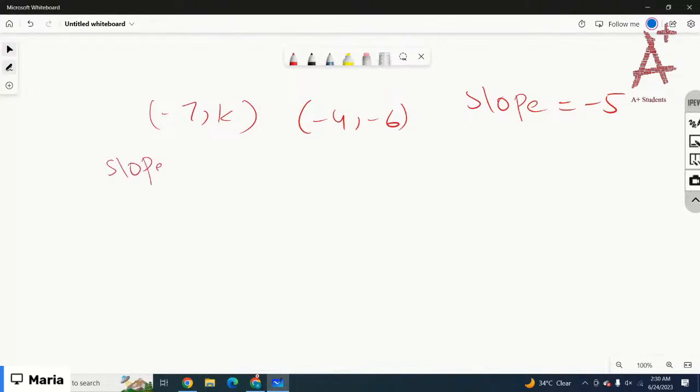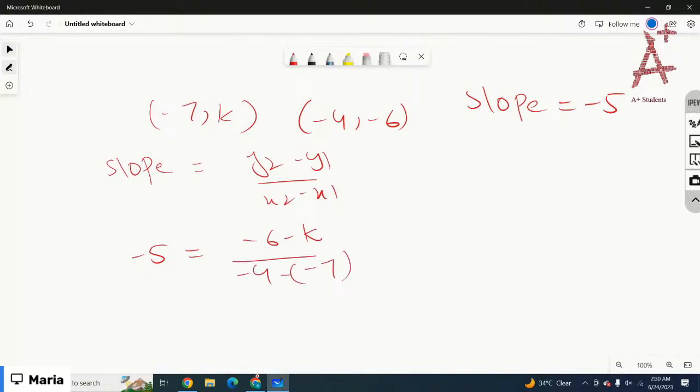Slope equals y2 minus y1 divided by x2 minus x1. So slope is negative 5, so that equals negative 6 minus k divided by negative 4 minus negative 7. So it would be negative 5 equals negative 6 minus k over negative 4 plus 7. So it would be negative 5 equals negative 6 minus k divided by 7 minus 4, which is 3.